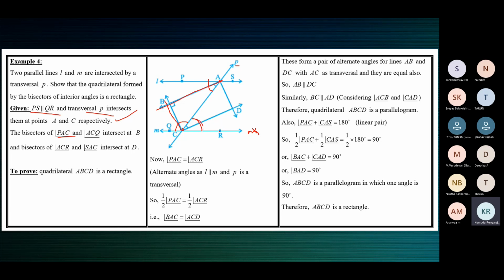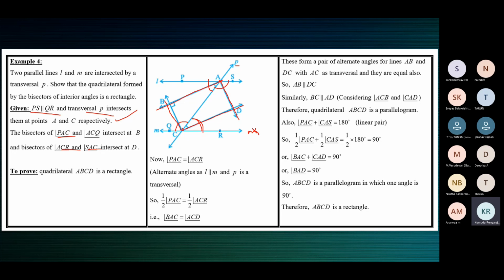ACR is this angle and SAC is this angle, and their bisectors meet at D. See here, ACR and SAC, they meet at D. The bisectors of these two angles intersect at D. So in the given, we have basically mentioned all the information that's given to us.